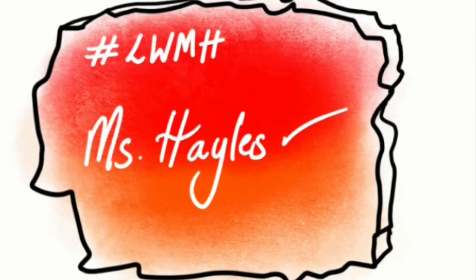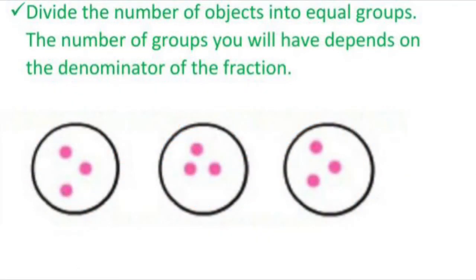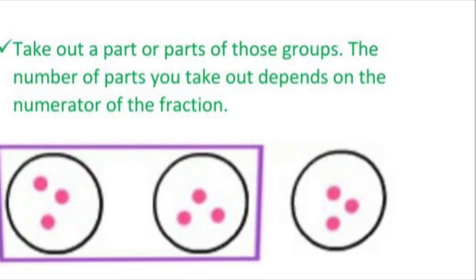Let us do a quick recap. When you are finding the fractional part of a set of objects, you must divide the number of objects into equal groups. The number of groups you have will depend on the denominator of the fraction. Next, you will take out a part or parts of those groups.